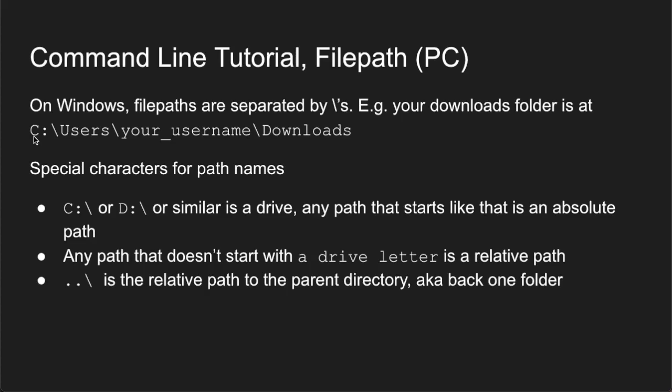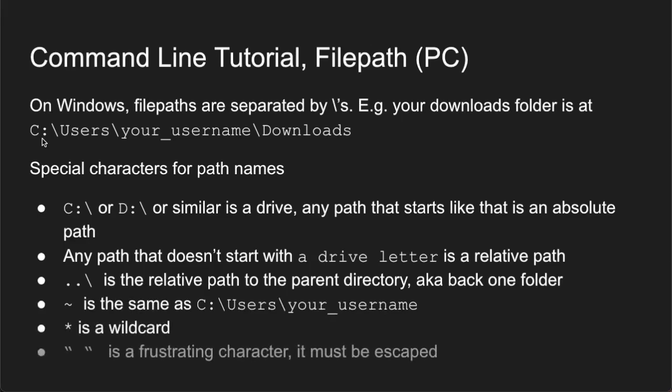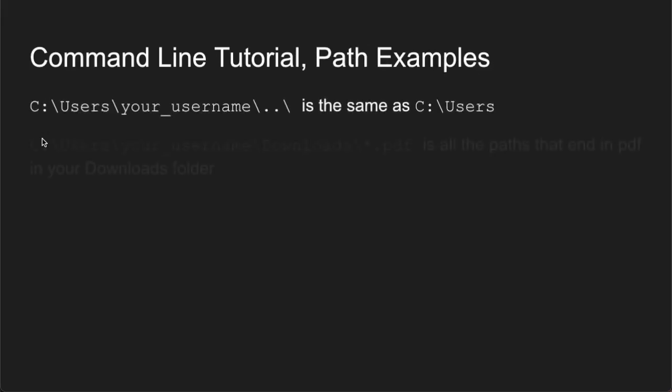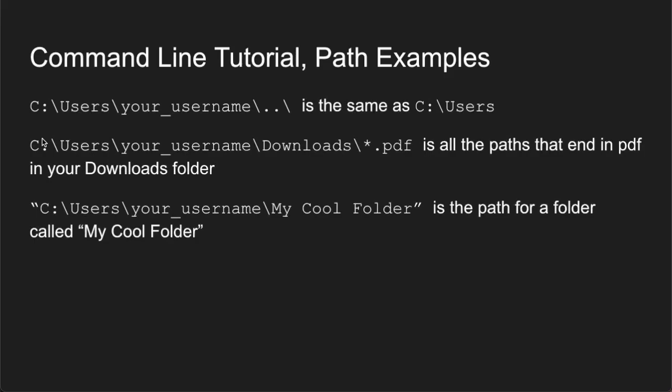So C:/ or D:/ are very common ones, but you can have as many drive letters as you want on a Windows machine instead of just that singular / for the root folder on a Linux or Mac machine. But otherwise, a lot of these special characters are very, very similar, and we see a lot of the same examples with Windows paths if you're using something like PowerShell or the CMD terminal.